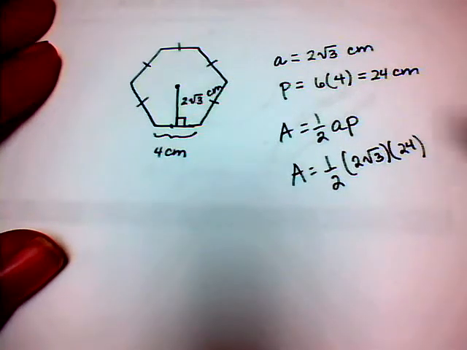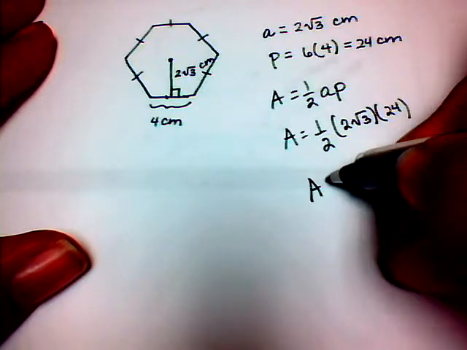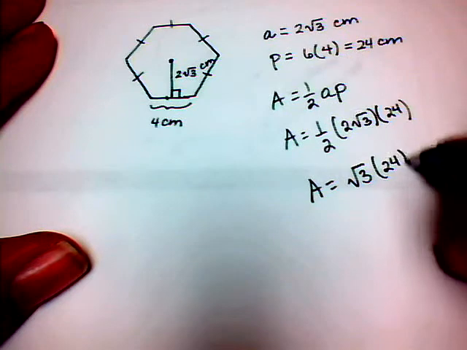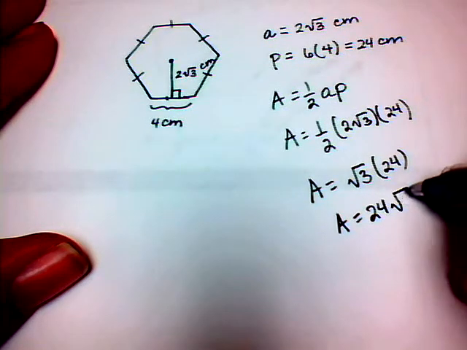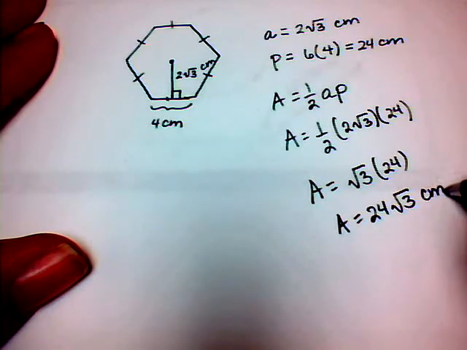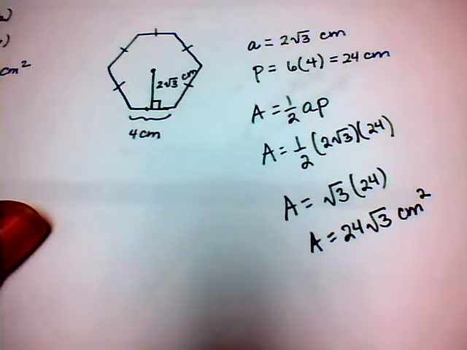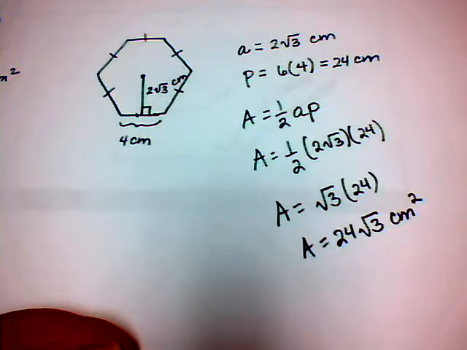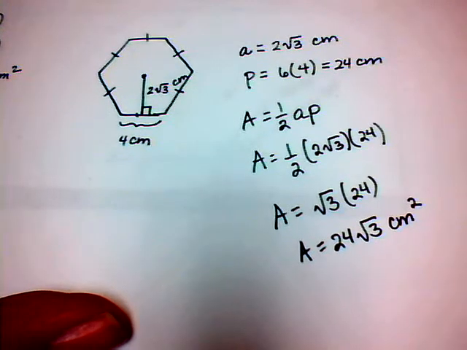So if I take 1/2 of 2 square root of 3, well, 1/2 of 2 is 1, so I'm left with the square root of 3 times 24, and I'll just leave this as 24 square root of 3, and that's going to be in square centimeters because the area is always in square units. So the area here will be 24 square root of 3 square centimeters as the answer.